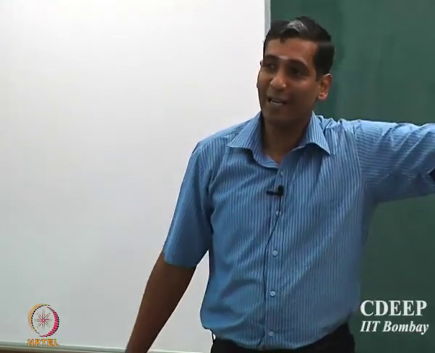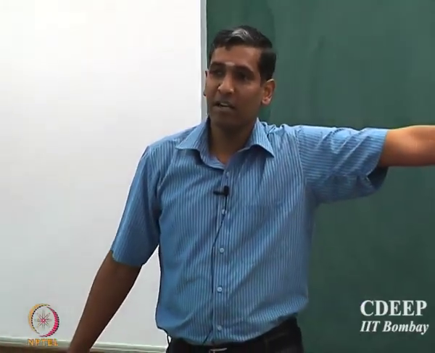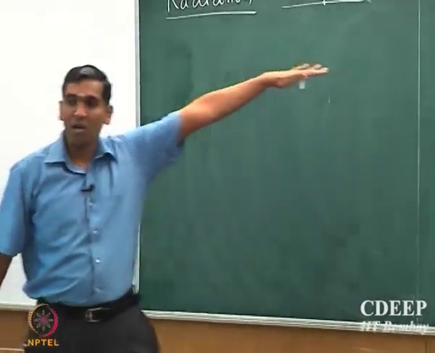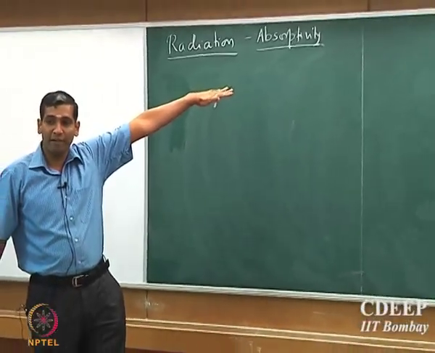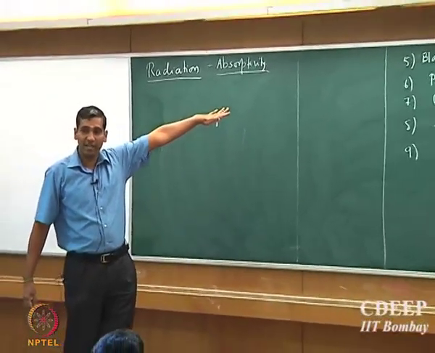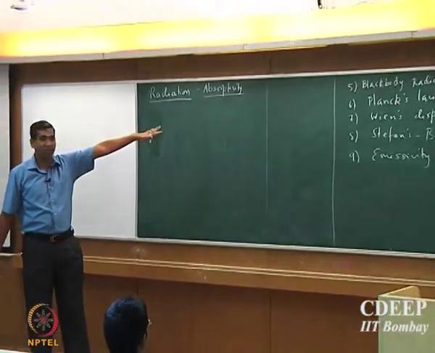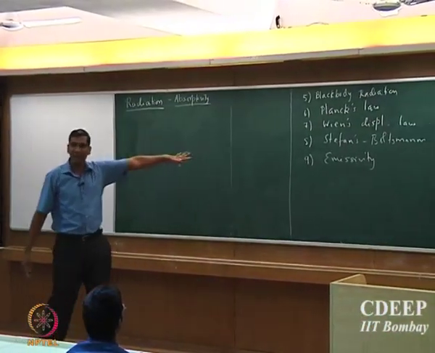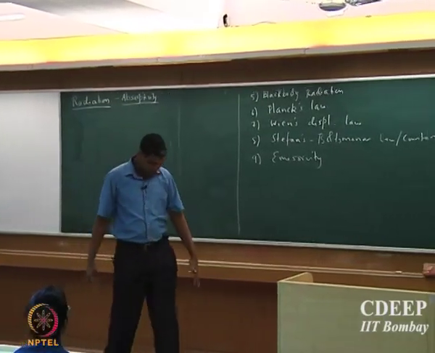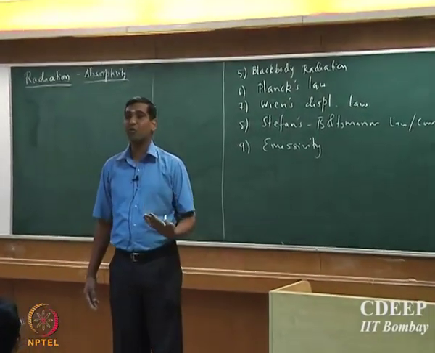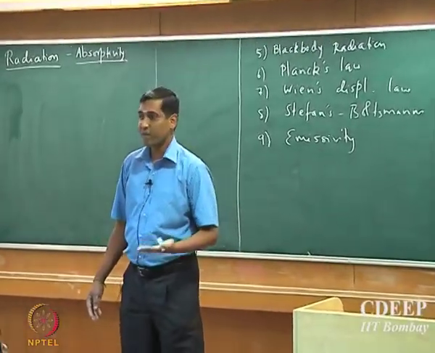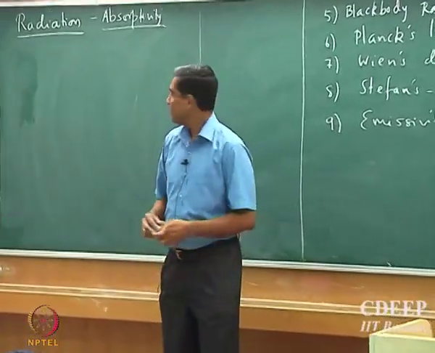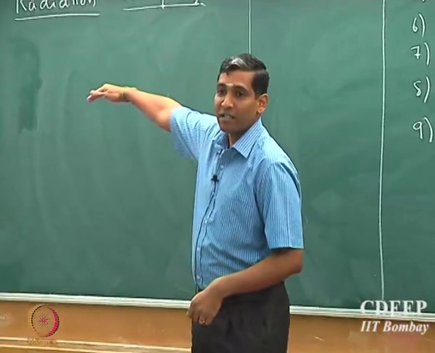Note that emissivity is described based on the corresponding black body radiation, while absorptivity is defined based on the total incident radiation. In the last two lectures we never looked at an actual real surface, and today we are going to see how to characterize some of the real surface properties.